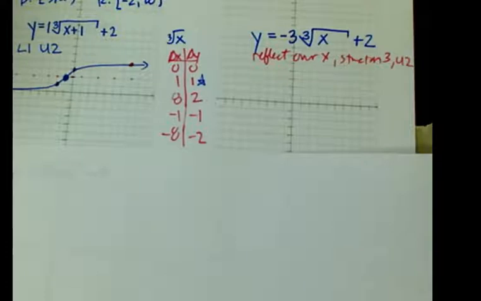Up to 0, 2, start. Now, because of that -3, my first point, which is 1 back, it's really going to be times 1 by -3. So it's going to be 1 -3 from the start.